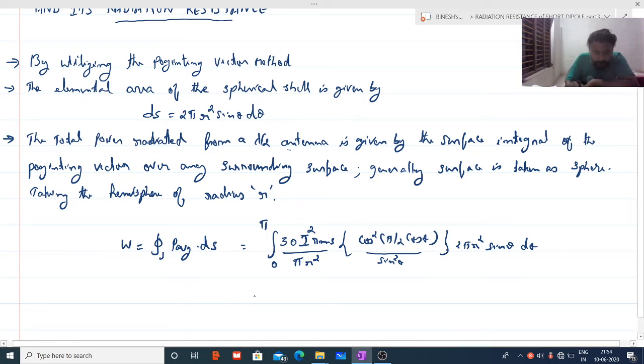So I can write this as 2 into 30, that is 60, I can take outside. I square RMS also I will take outside.